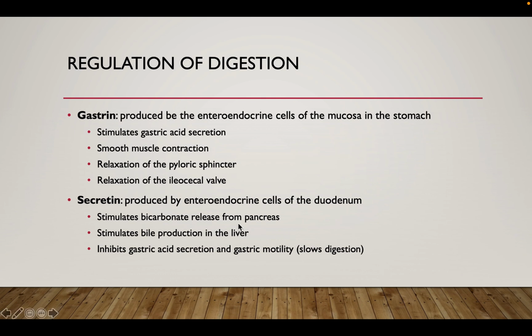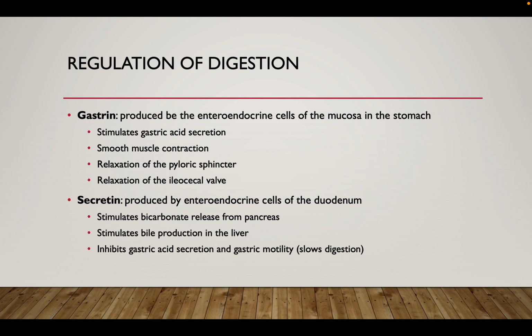So what you have is gastric acid secretion. So you begin to break down more material in the stomach so that it can then be moved on to the duodenum. You have smooth muscle contraction, so to increase gastric motility and mechanical digestion in the stomach. You have the relaxation of the pyloric sphincter, which is the circular group of muscle leading from the pyloric region of the stomach to the duodenum.